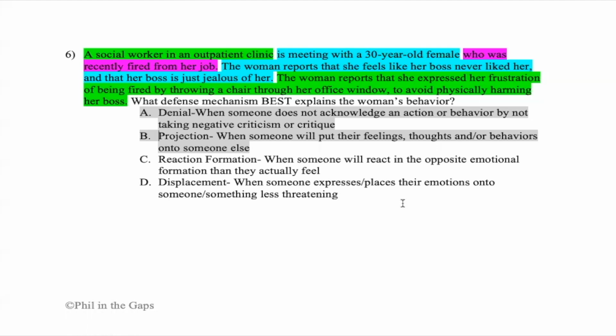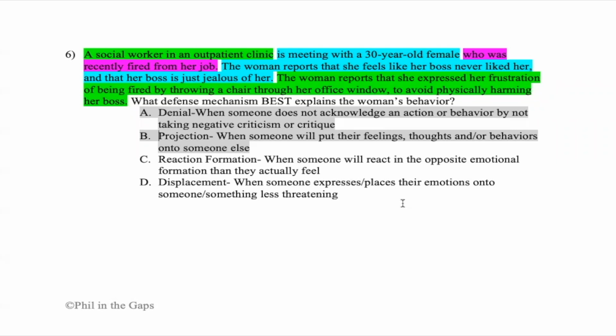But the question continues, saying that she expressed her frustration of being fired by throwing a chair through the office window, just like a frisbee, to avoid physically harming her boss and breaking her jaw. So now is this C, reaction formation, where she's reacting in the opposite emotional way than she actually feels, or D, displacement, placing the emotions she's actually experiencing onto someone or something else less threatening?